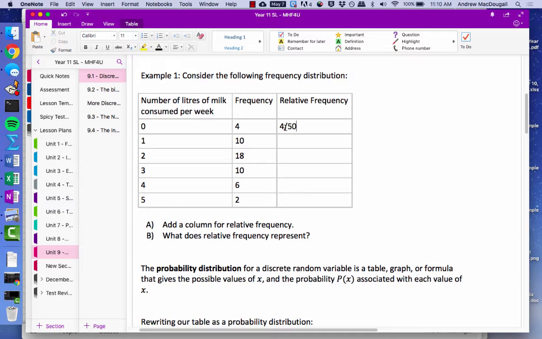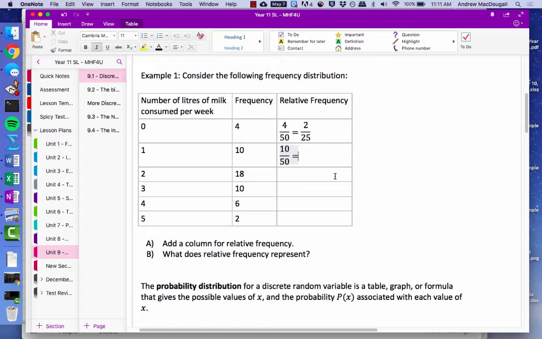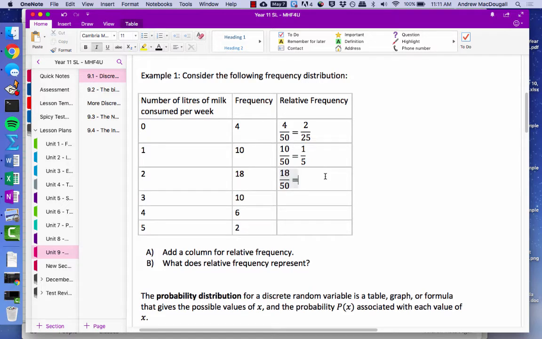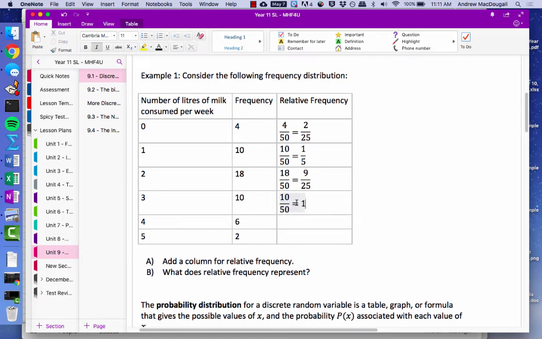Okay. So 4 in 50 consume 0 liters of milk per week. You can write that, of course, as 2 over 25 if you prefer. 10 out of 50, which is 1 out of 5, consume 1 liter of milk. 18 out of 50, which is equal to 9 over 25, consume 2 liters of milk per week. 10 out of 50, which is also 1 over 5, consume 3.